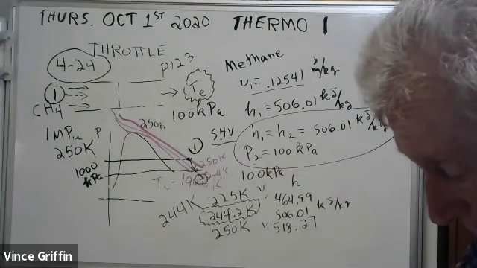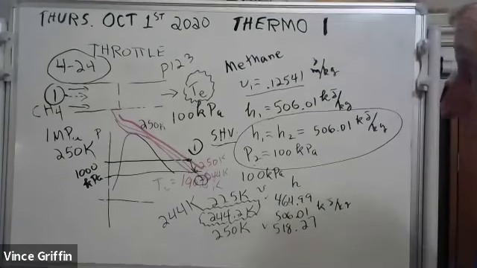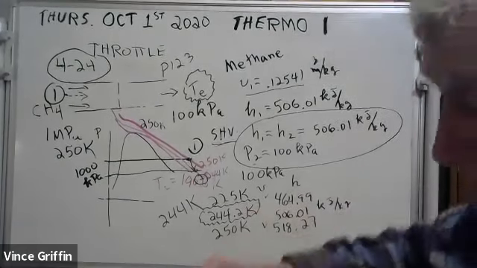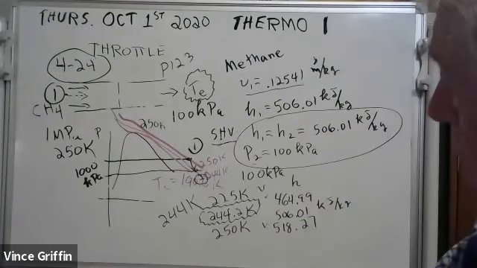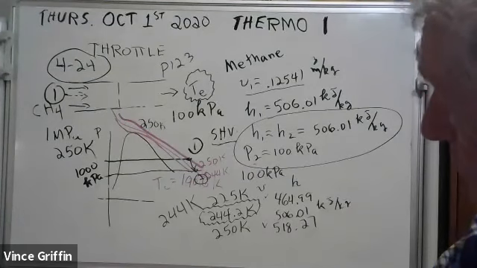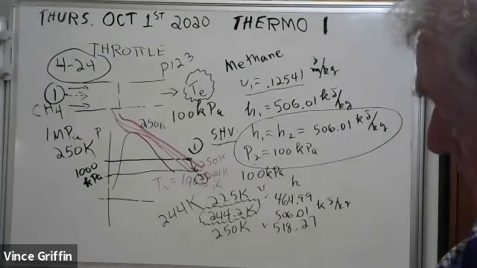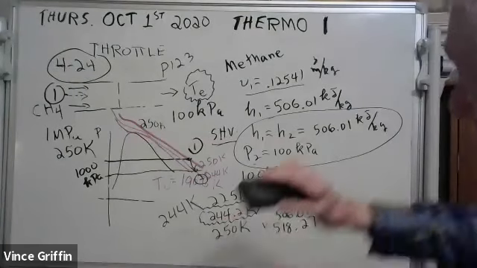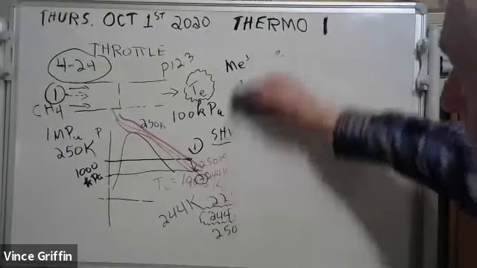Yeah, we'll do a turbine. That's what we'll do. I'm going to erase all this if you guys are happy. Do you have any questions on that throttle? I think there's a throttle on your homework. Okay, well, let me erase all that, and we'll talk about turbines now.